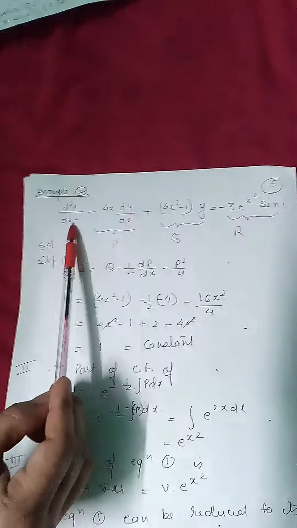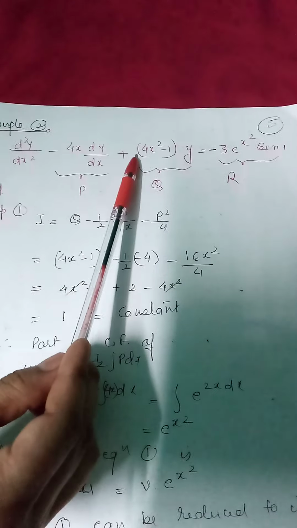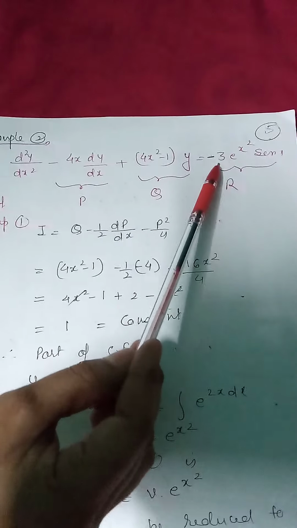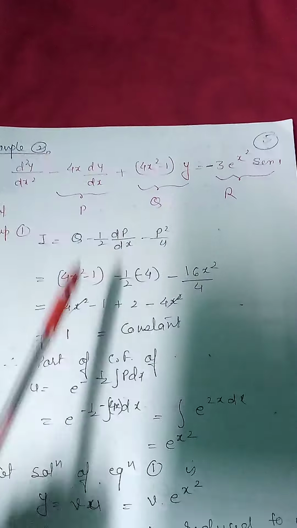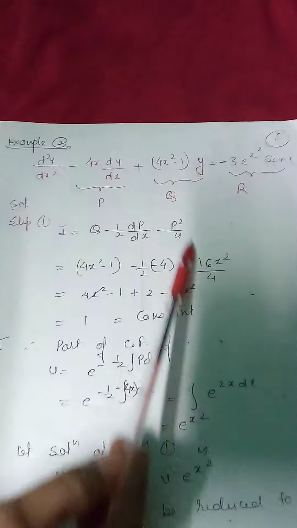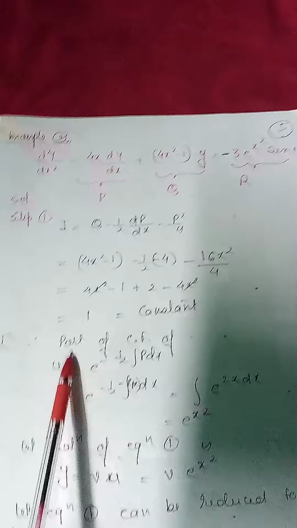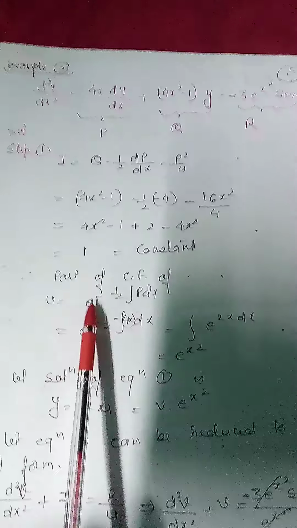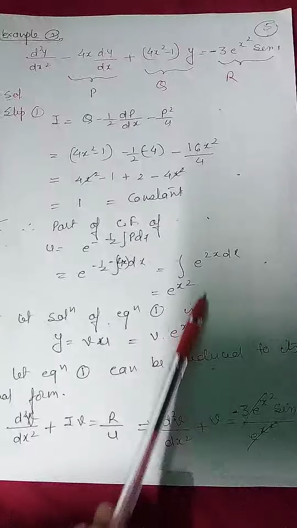Now we consider another example, d2y upon dx square minus 4x dy upon dx plus 4x square minus 1 times y is equal to minus 3 e raised to x square sin x. Now first we calculate I, which is 1. Therefore part of CF u is equal to e raised to minus half integral over p dx, which is e raised to x square.